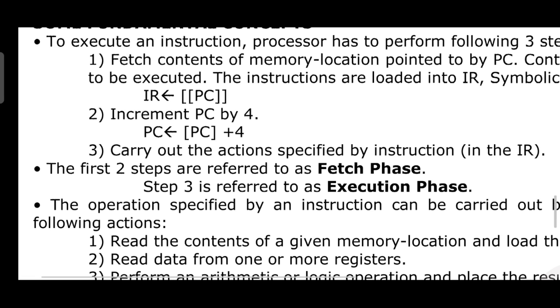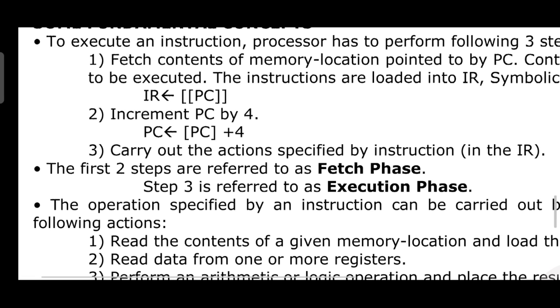You can see the three steps here. The first two are collectively called the fetch phase. So what are the fetch phase actions? Fetch phase actions are nothing but finding the contents from the program counter. First find out what is there at the program counter, read the location, access the content from the said location. That is step number 1.